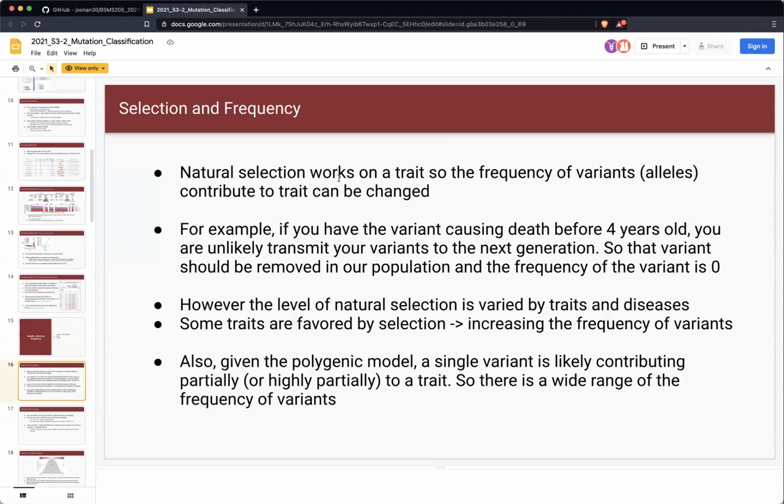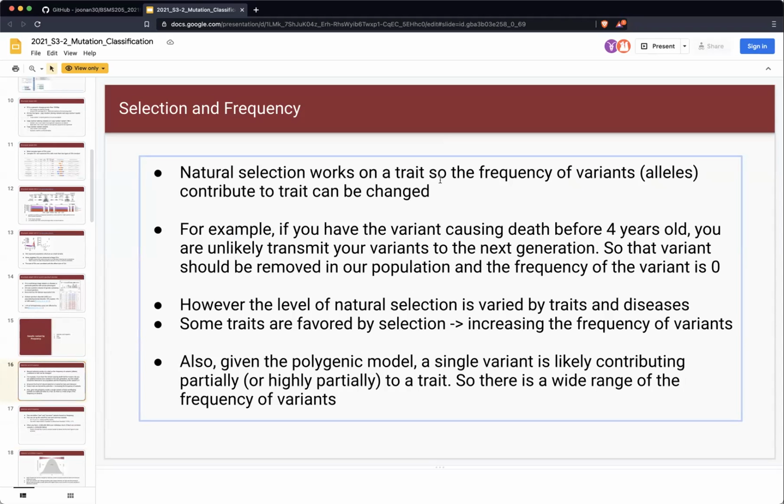Natural selection works on the traits, so the frequency of the variants contributing to traits can be changed, right? For example, if you have a variant causing death before 4 years old, which is, if you have the mutation in your genome, then you are unlikely to survive past that age.